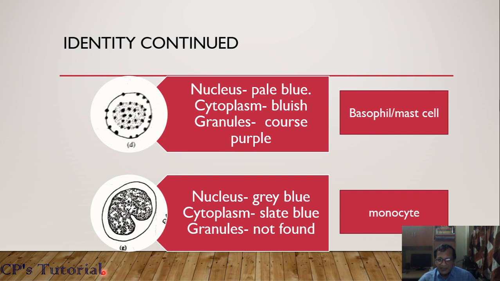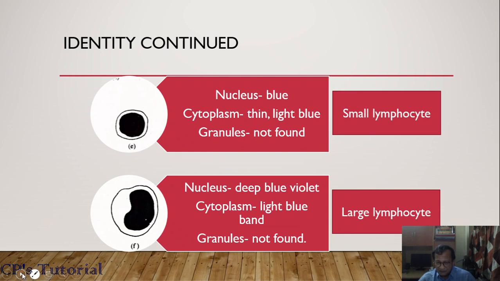Come to the next point. Agranular cells are also there. I have already told, that is the lymphocyte. Lymphocyte is of two types, small and large. Small lymphocyte has a round nucleus, leaving a small thin space of cytoplasm around it. The cell shape is small in comparison to large lymphocytes.